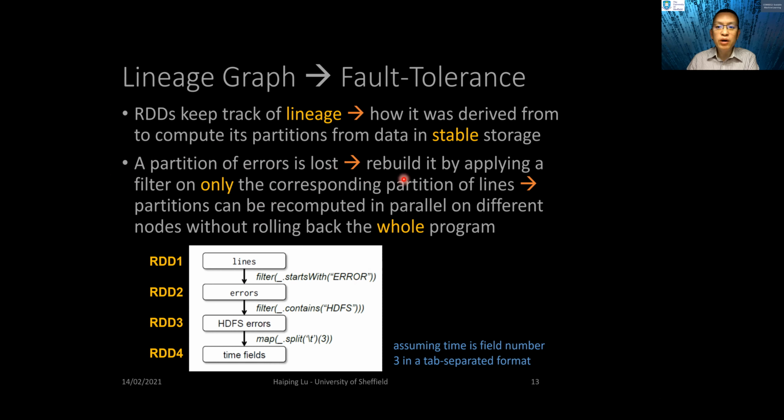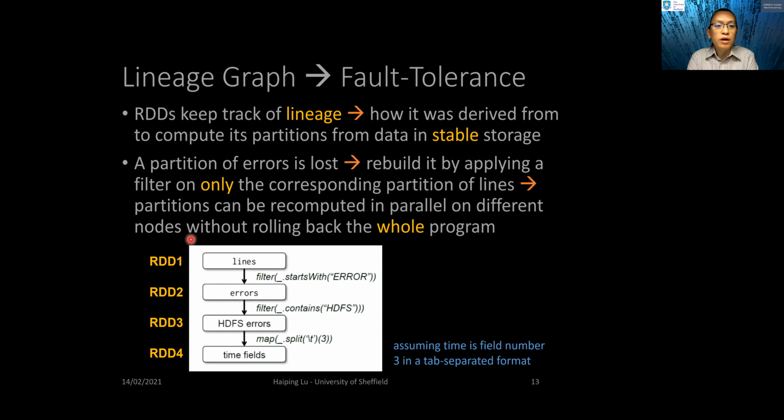We rebuild it by applying a filter only on the corresponding partition of lines. It will only apply the filter to the corresponding partition. Then these partitions will be recomputed in parallel on different nodes, because that node, for example, fails.